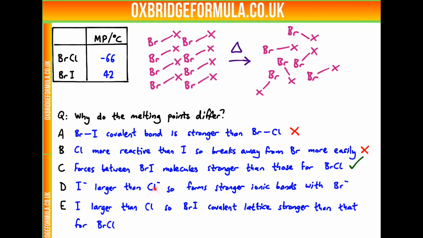Now to be safe, let's make sure statements D and E are both wrong. So D says that iodide ions are larger than chloride ions, so they form stronger ionic bonds with bromine or bromide ions. Would that make sense in this situation? Well, we know we're not dealing with ions because these compounds are between elements with a very similar electronegativity, all in the p block.